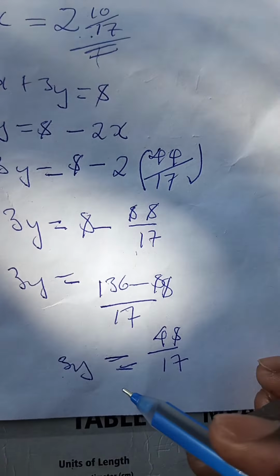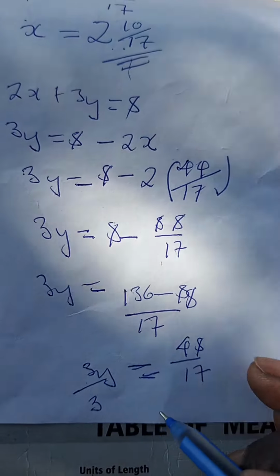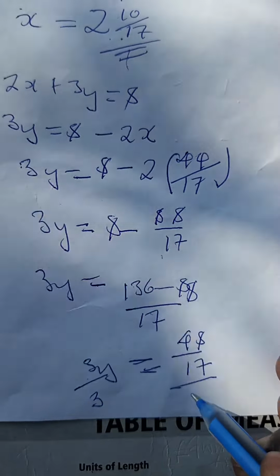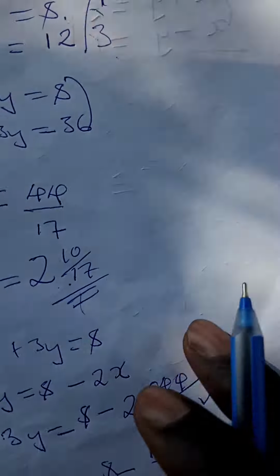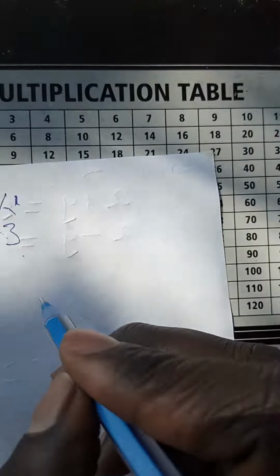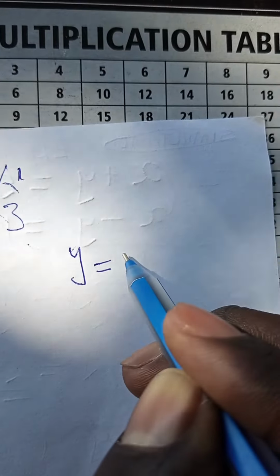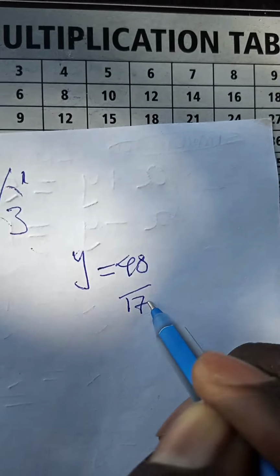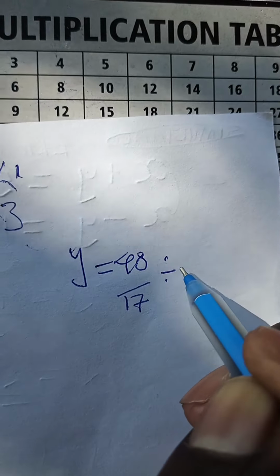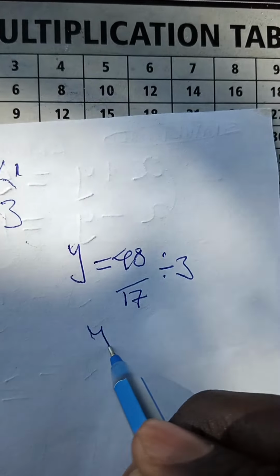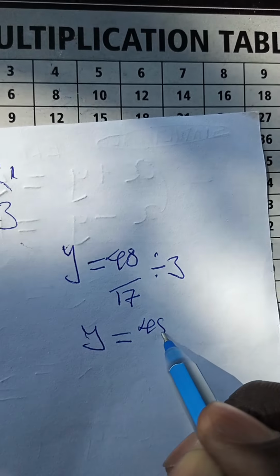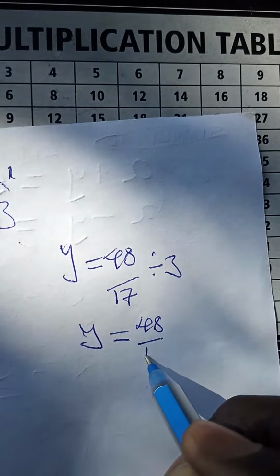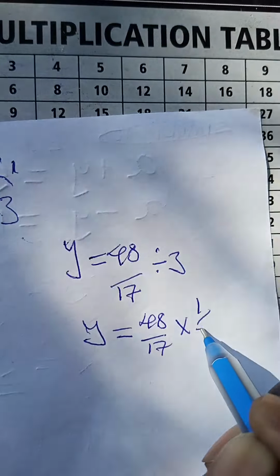And then here you should get rid of this, so you divide everything by 3, and you divide this side by 3 also. So here you have y is equal to 48 over 17 divided by 3, which is the same as y equals 48 over 17 times 1 over 3.